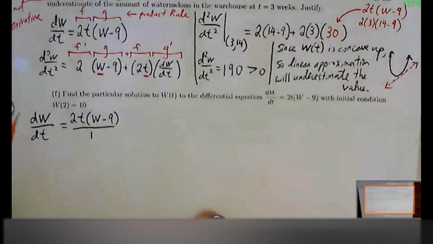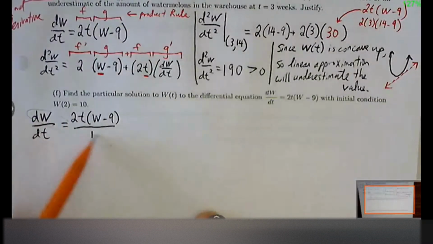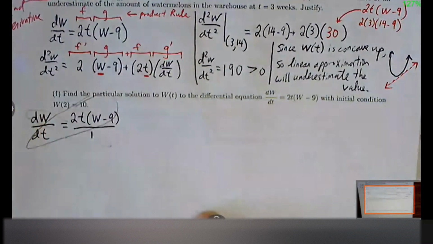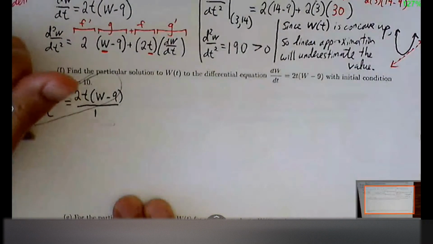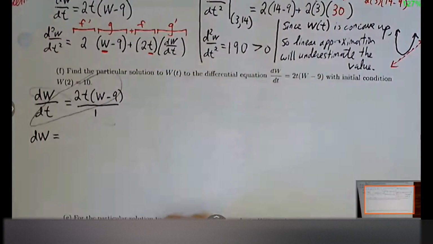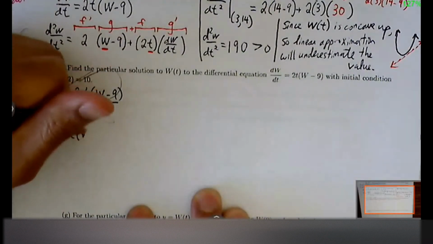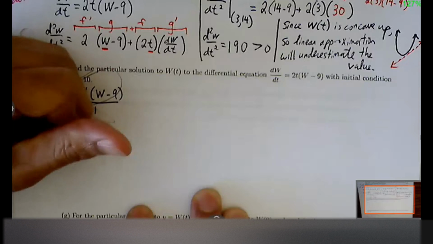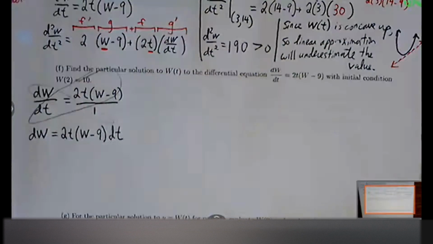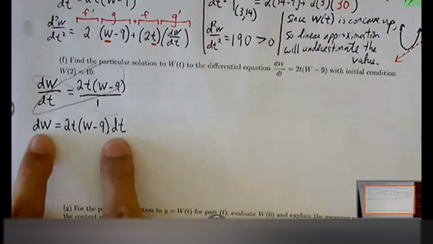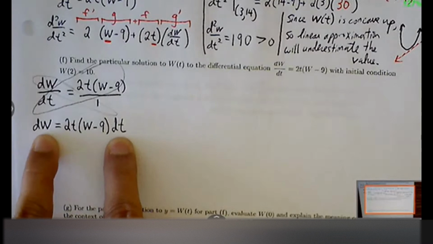Okay, here's my cross product here. I haven't achieved full separation, but I did make progress in terms of getting the dw and dt in their right slots.